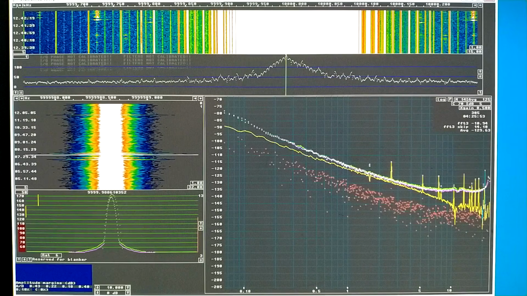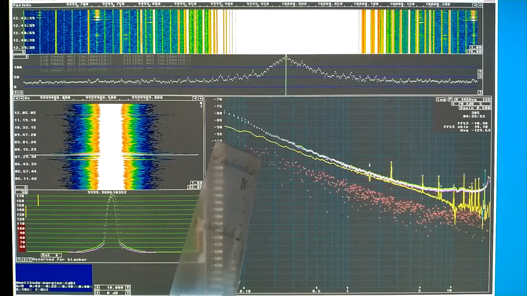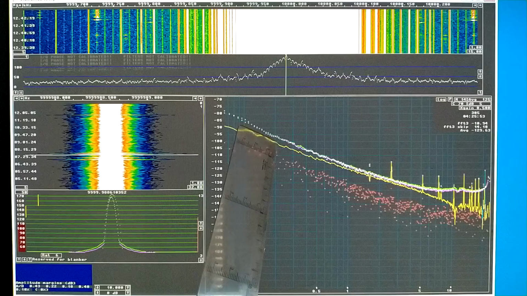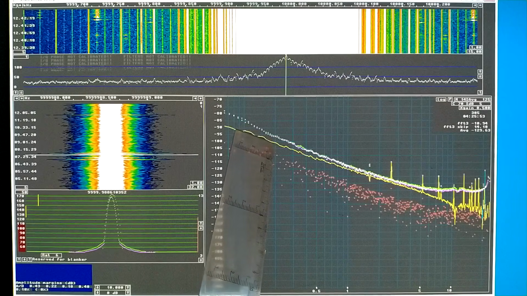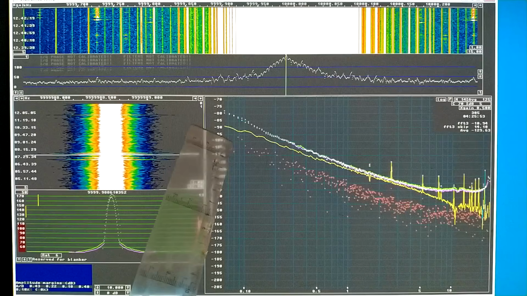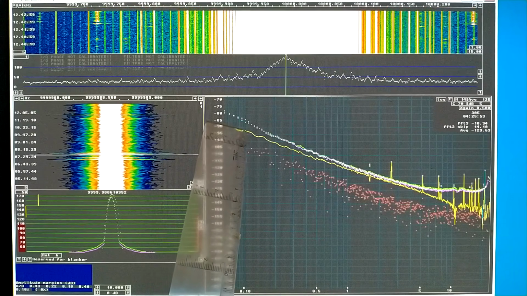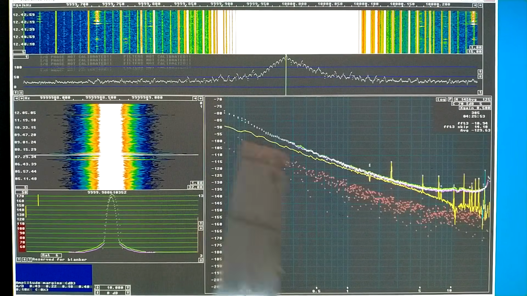And we can see here that the two reference oscillators are significantly worse than the Wenzel oscillator when it comes to noise at 0.1 Hertz offset. It's a difference of 7 decibels or so.